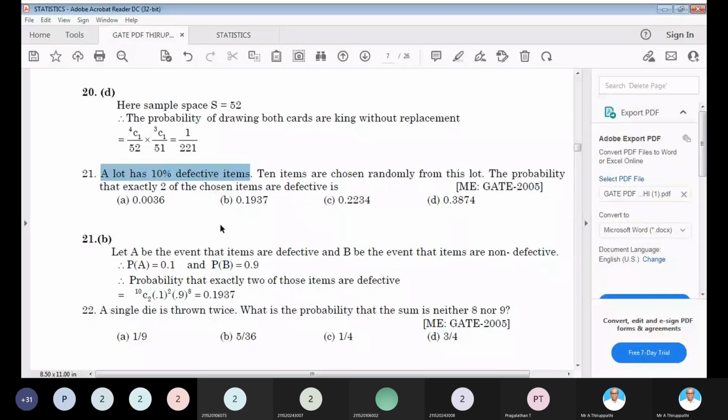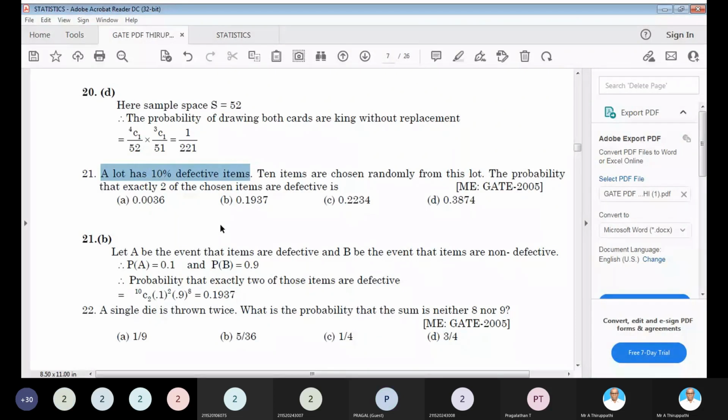That is P of X equal to 2, which is 10C2 P to the power 2 into Q to the power n minus 2. P is the probability of defective, because we assume a success is defective. P is equal to 0.1.